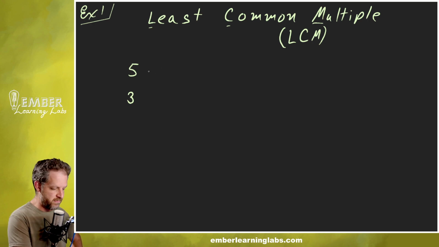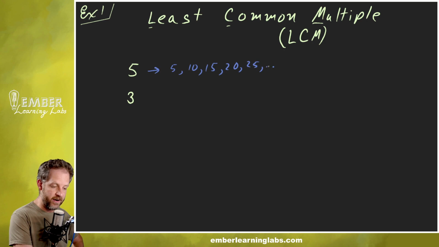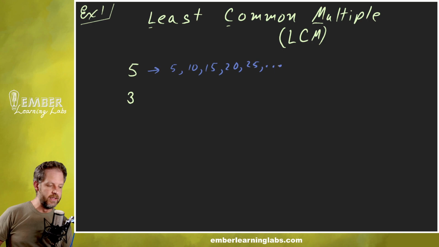Let's list out some multiples of 5. The multiples of 5 are 5, 10, 15, 20, 25. We'll stop right there. That's probably plenty, and if that isn't enough, we'll look again.